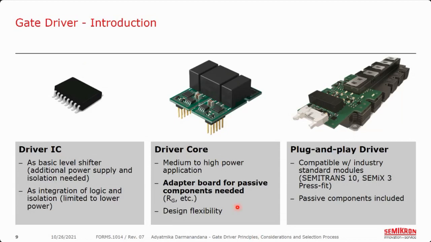A driver core can, in contrast, be used for medium to high power applications. It comes with all the functionality of a gate driver. To be noted, an adapter board is needed to place the passive components and to connect to a power module. The last one is the gate driver that is designed to be directly compatible with certain industry standard module packaging, for example, the Semikron 10 and the Semikron 3 press fit.